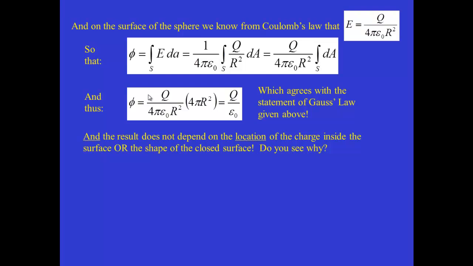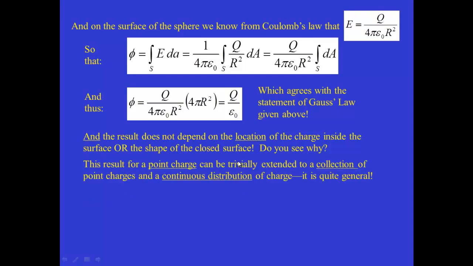And that allows us to take the result that we just derived for the point charge and generalize it to the case of a point charge anywhere inside any shape of a closed surface. And by the superposition principle, we can extend this result to a collection of point charges and even to a continuous distribution of point charges.